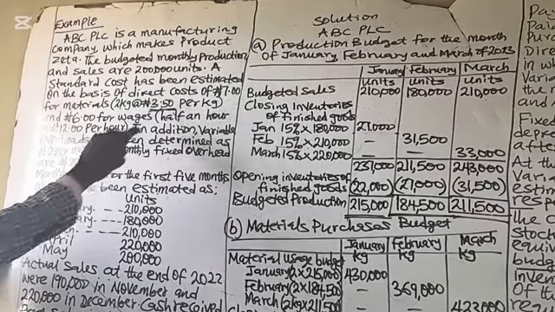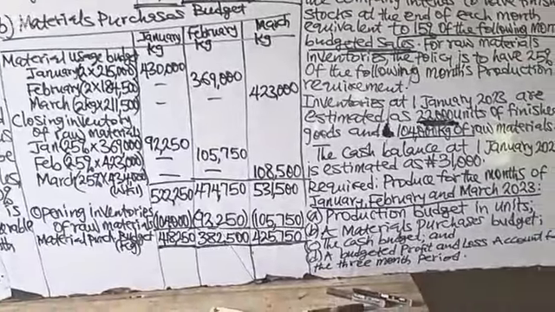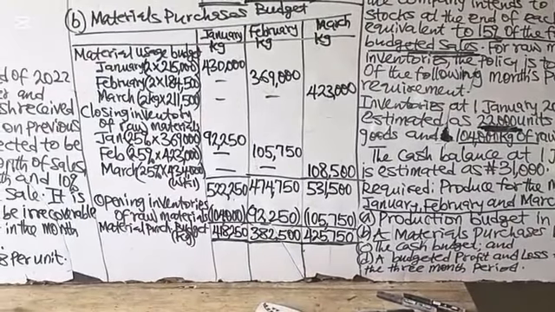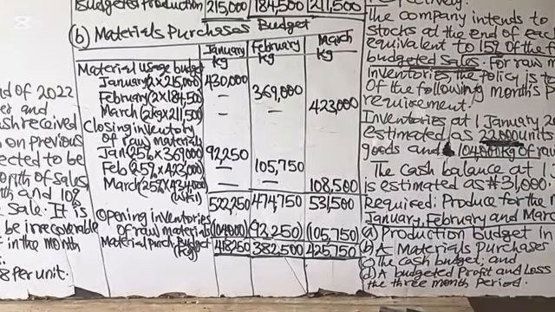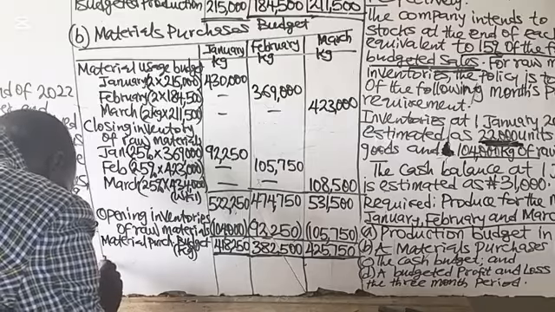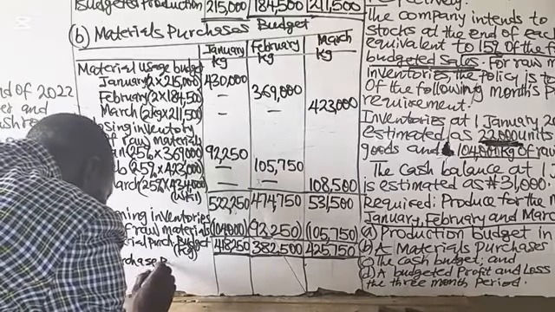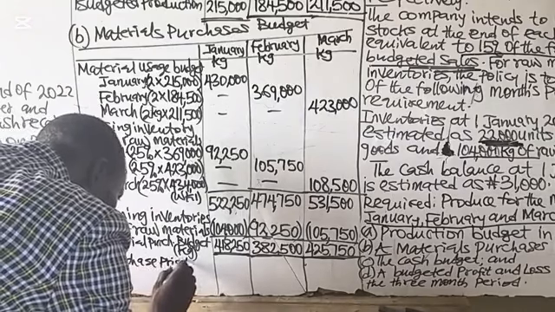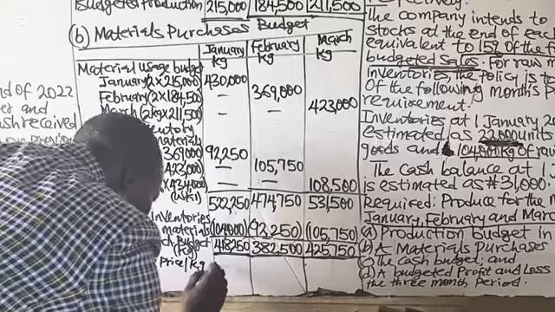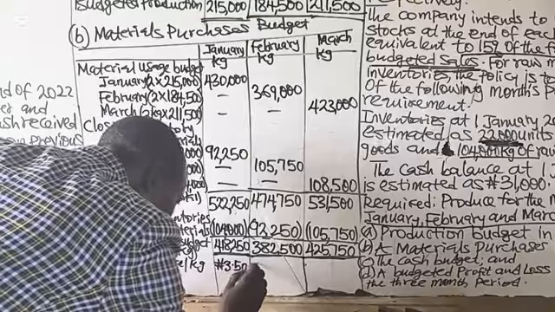Since it is 3.5 naira per kg, that is what we will use to value the material purchase budget. So we have purchase price per kg, that is 3 naira 50 kobo.